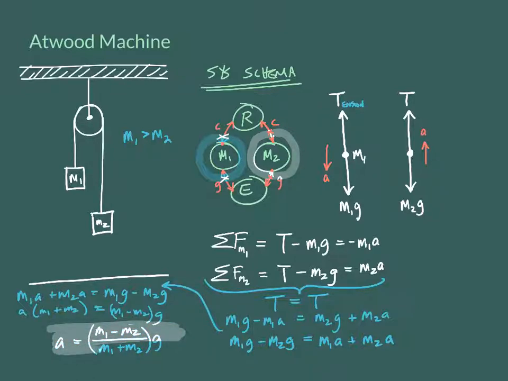So we have this interesting new version of acceleration, at least for the Atwood machine, where a difference of mass relative to the total mass of the system is going to be some fraction, right? Won't the difference of two masses always be smaller than the sum of the masses?